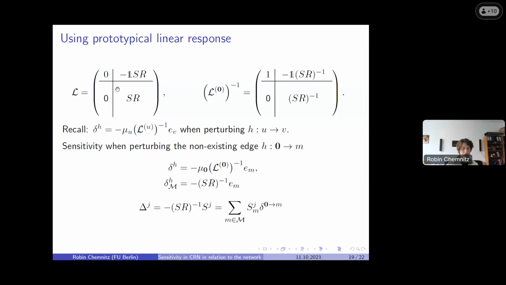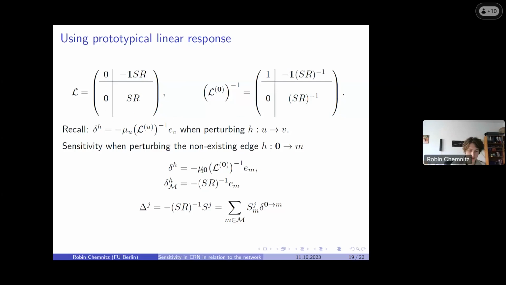Note that this edge might not be part of the network, but we said that is okay. Then we just increase the weight from 0 to m by epsilon, and I just insert this equation. Mu 0 is 1. Then we get this inverse of L0, which I computed up here. And we multiply with the unit vector of the target node, that is m. So we have this first line here.